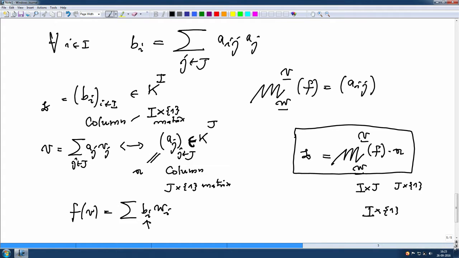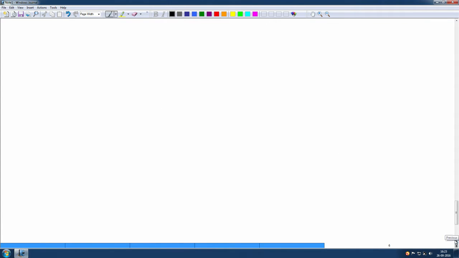Okay, next I want to write one example. As we have seen, it is not really necessary to number rows and columns by the standard indices 1 to m or 1 to n. In fact, it is better if you index by arbitrary finite sets, because in that case we do not have to think where it starts and where it ends.